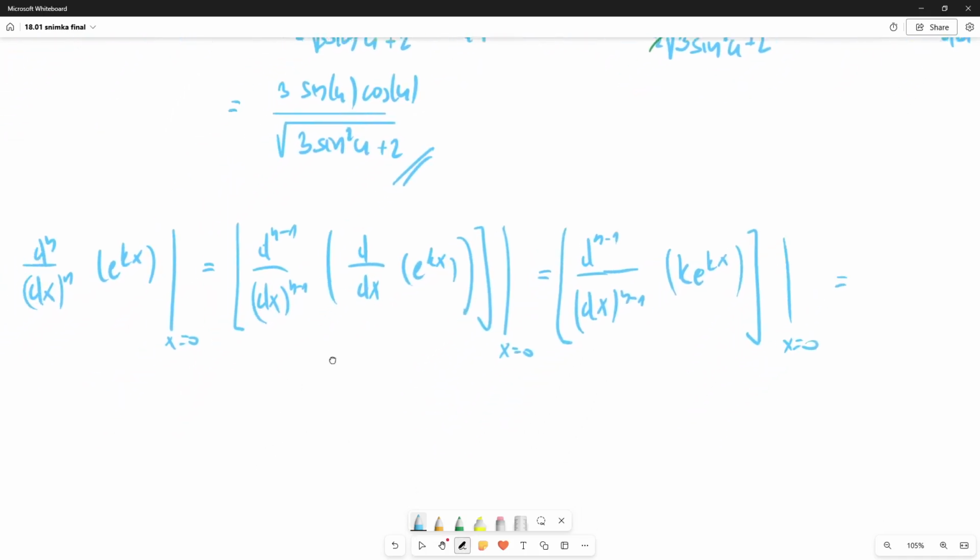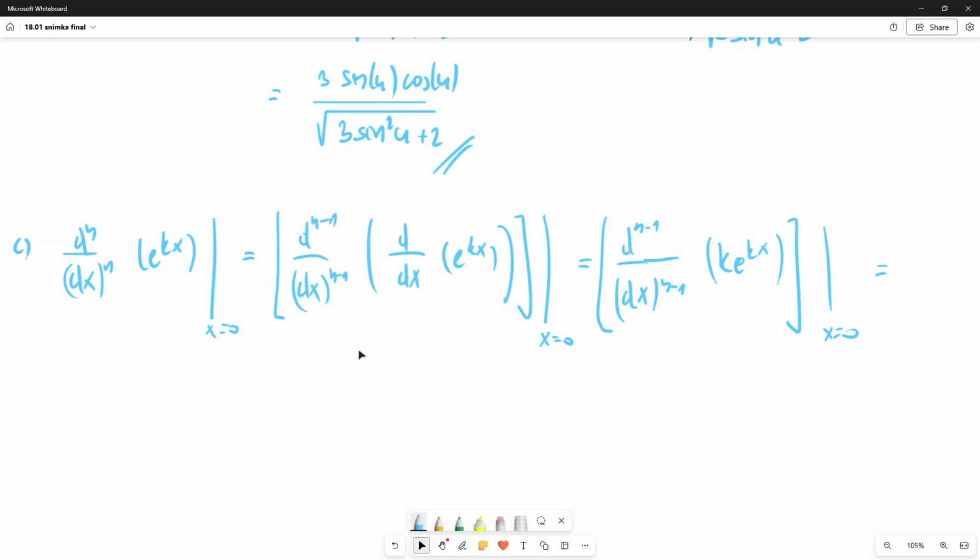It is already obvious that each derivative will extract the factor of k, and e to the power of k times x will also remain. So after we perform n derivatives total, we will have k to the power of n times e to the power of k times x evaluated at x is equal to 0.